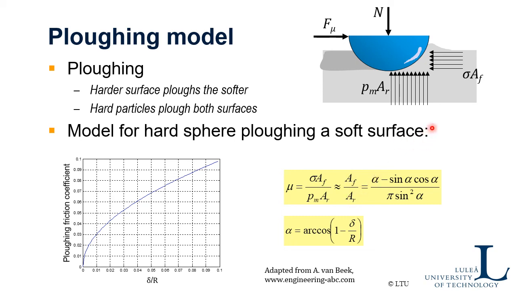With some mathematics, we can find that it's an expression like this, where alpha is a function of the penetration delta over the radius of the asperity. So if you plot this function with delta over r, you see that the bigger the delta or the smaller the r, the bigger the plowing friction coefficient.